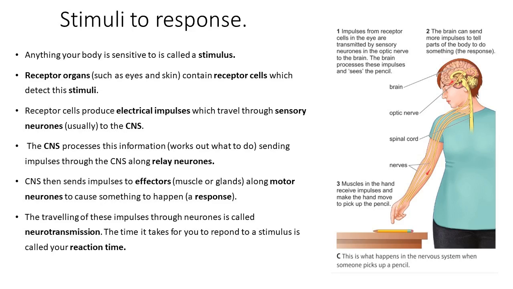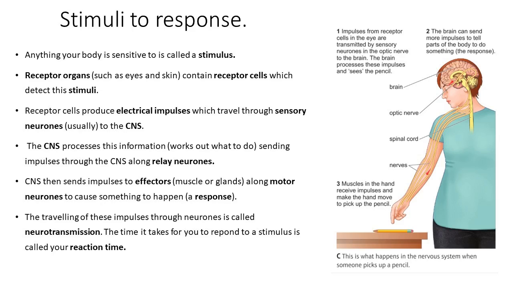So when the receptor cells inside your receptor organs detect some sort of stimulus in the environment, they send what's called an electrical impulse to your brain, basically an electrical signal that tells your brain that something has happened. And that signal goes through a sensory neuron, which, I like to think of it as like a wire.